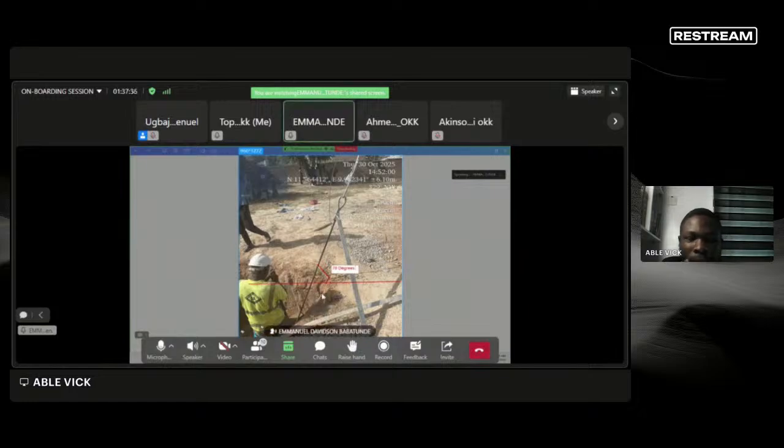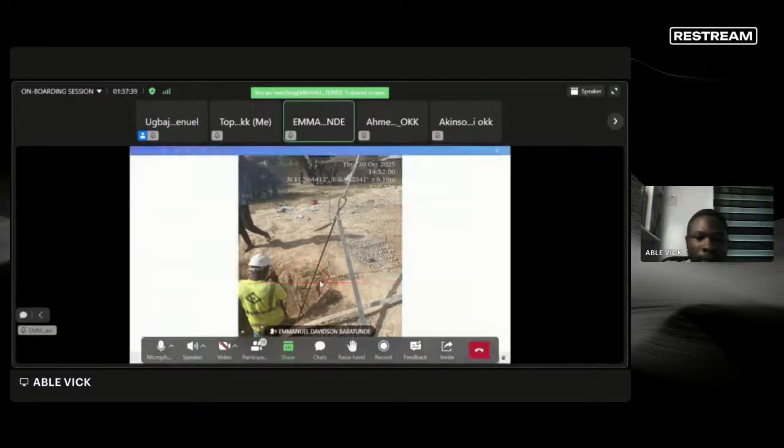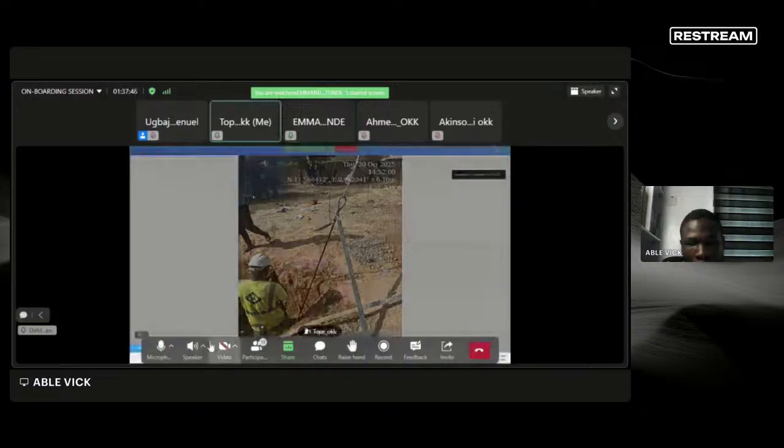And that is where you need to use this solution. The solution is from the tip of this guide wire, like this.